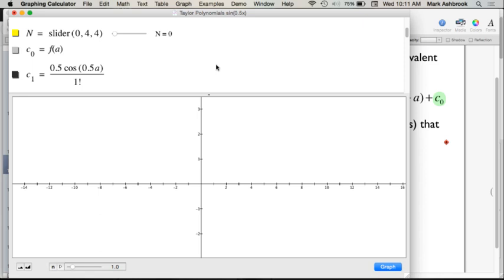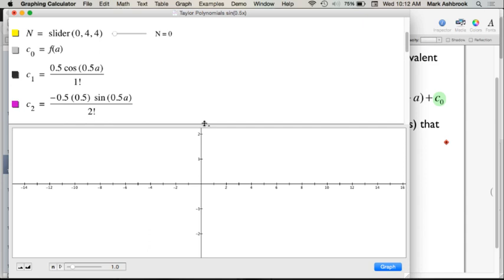I'm just doing the coefficients. Yeah, you're right, though. That's what T1 would be with the x minus a thing. Okay? So C2 would be what? What would we say? It's going to be the second derivative evaluated at a divided by 2 factorial. That's that.